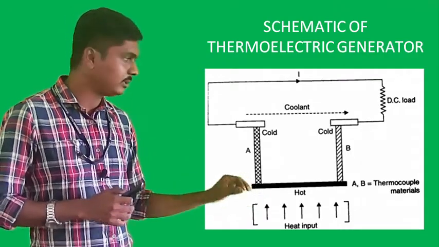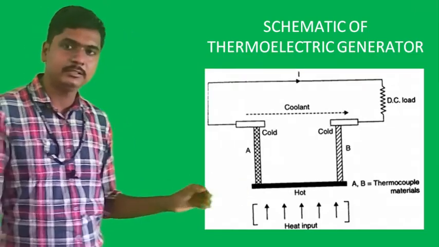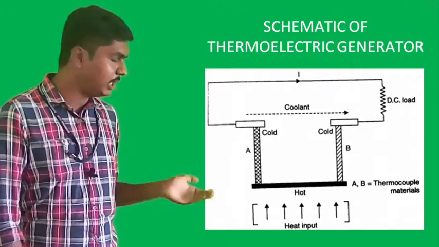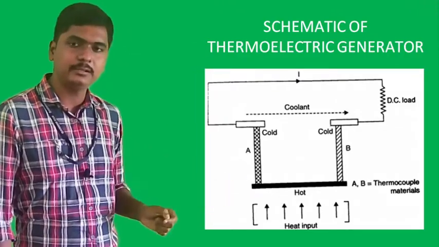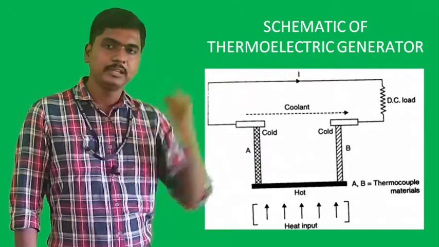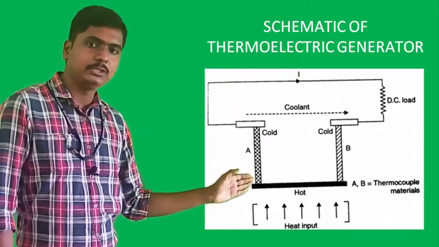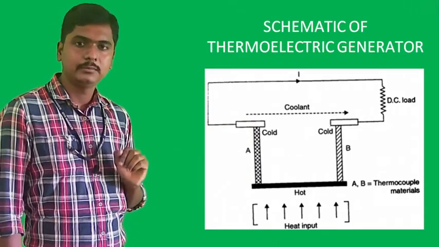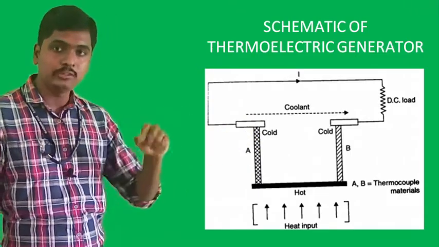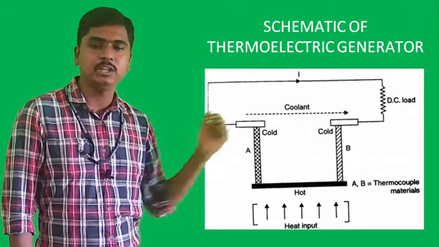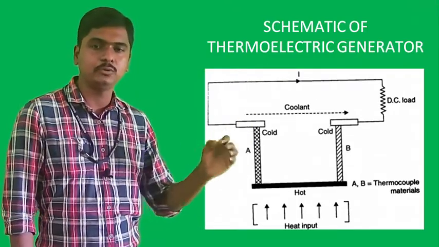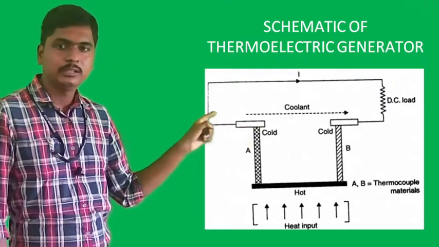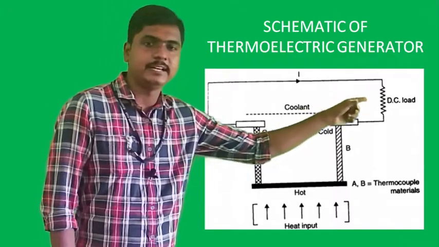Since the plate is a metal, it contains some free electrons. As we keep increasing the temperature of this plate, the electrons will come to an excited state, and those electrons will start moving from the hot plate towards the cold plate. As I told you, due to the Seebeck effect, an EMF will be generated, and that will make the current flow in this direction.